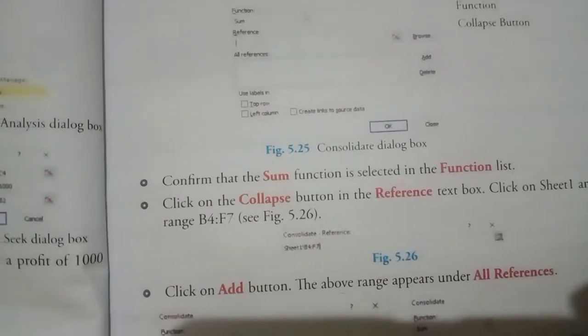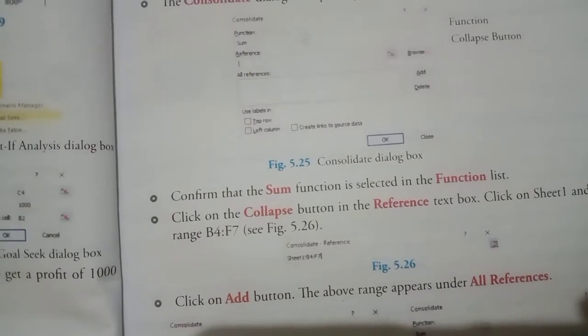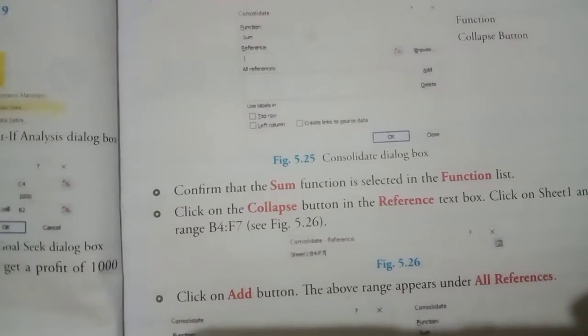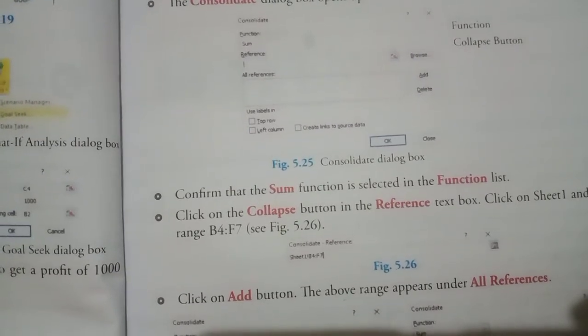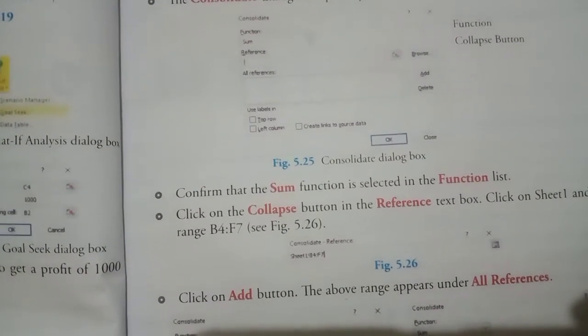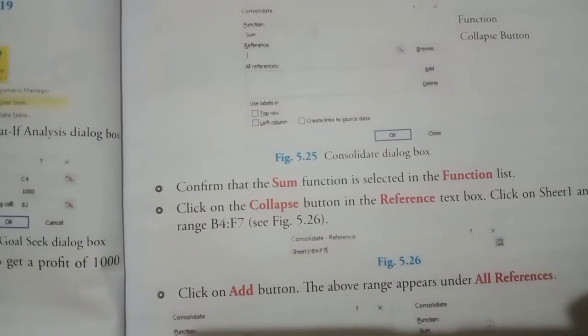After that, what you need to do is confirm that the Sum function is selected in the function list. Click on the collapse button in the reference text box. Click on sheet 1 and select the range. The range is from B4 to F7.